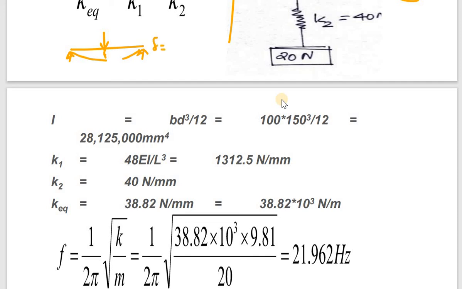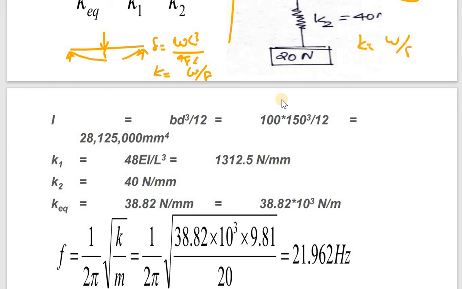Deflection is given as W L cube by 48 EI. The stiffness is W by delta, load by deflection. Stiffness is unit load per unit deflection. That's the reason K is equal to W by delta.